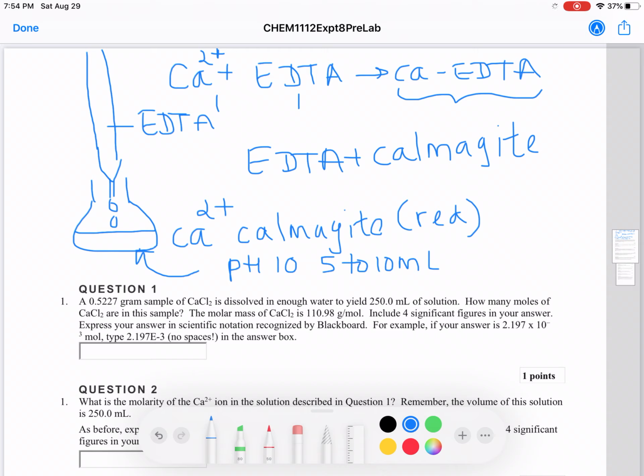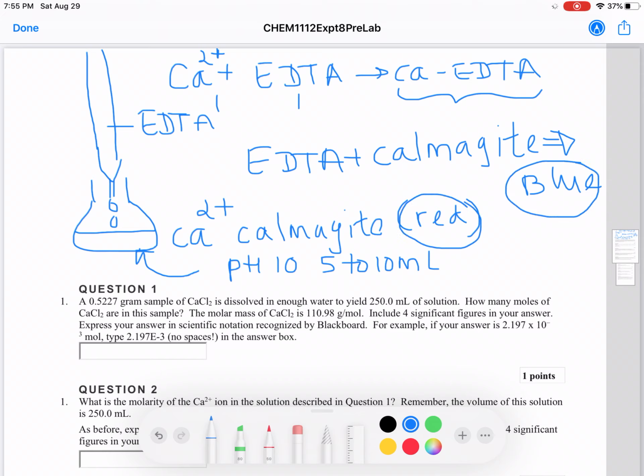The wine red first turns purple, telling you that you are about to reach the end point. You keep on adding more, and when all the calcium has completely reacted, the EDTA Calmagite complex will become blue in color. So at the end point, you are looking at the red color turning into blue.